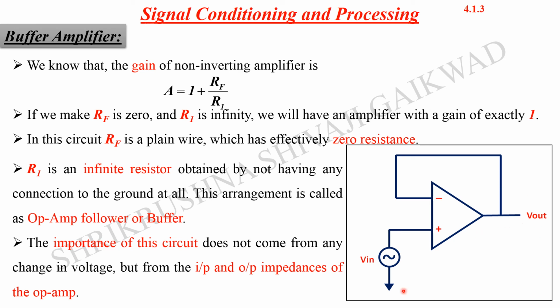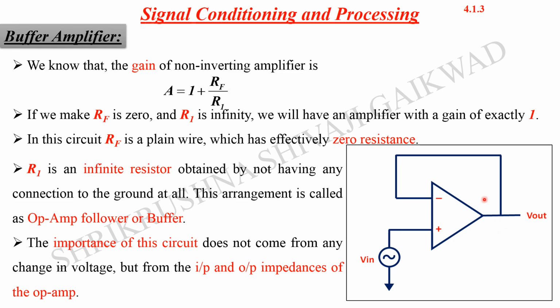Actually, this kind of circuit is very important, because the input impedance of an amplifier is infinite, but the output impedance is zero or very low. So zero current can drive this operational amplifier, because it has infinite input resistance, but the output resistance is zero.